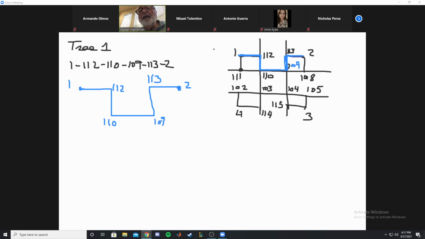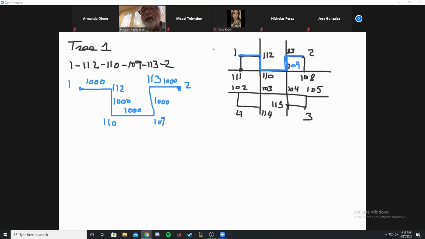If I have to assign 1,000 trips on it from the table, from zone 1 to zone 2, you just assign 1,000 trips here, 1,000 trips here, 1,000 here, and 1,000 here, and 1,000 here. So this is your assignment. Everybody understand that? Yeah, I understand it. Okay.